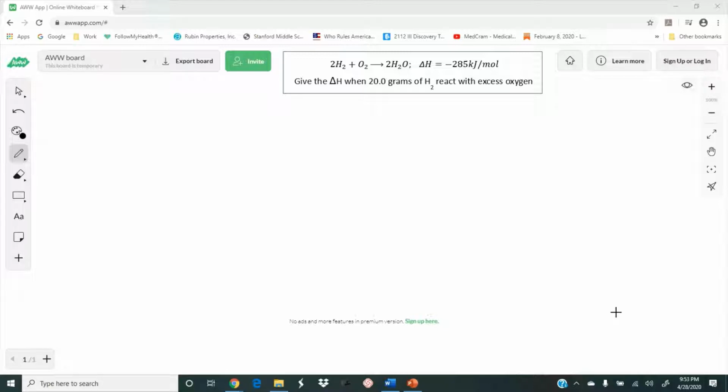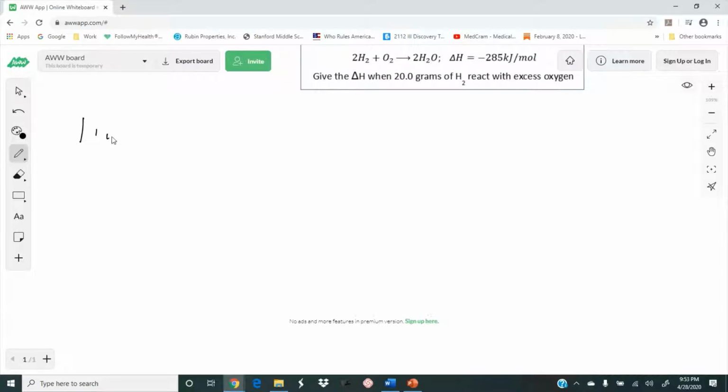Whenever you're given a delta H that says a certain number of joules or kilojoules per mole, what they're talking about is 1 mole of reaction. So 1 mole of reaction equals negative 285 kilojoules.